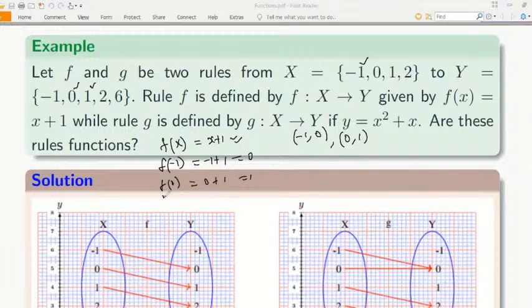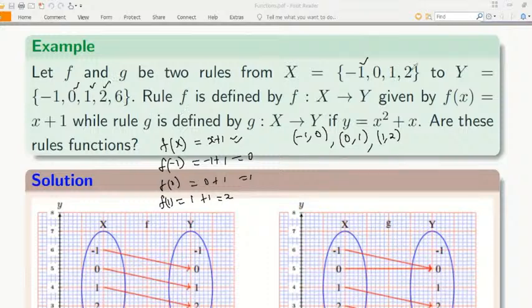If the object is 1, what will be the image? Where there is x, I write 1, plus 1, that will give us 2. So when the object is 1, the image will be 2. So 1 is assigned to 2. Is 2 there? Yes, 2 is in Y.